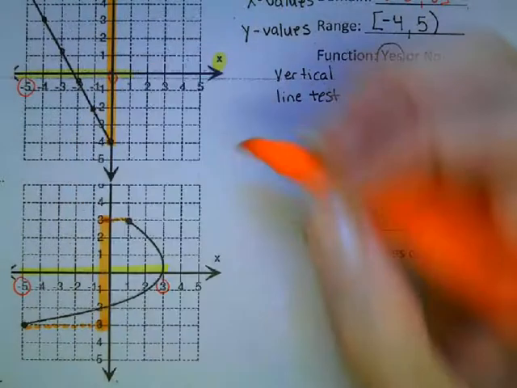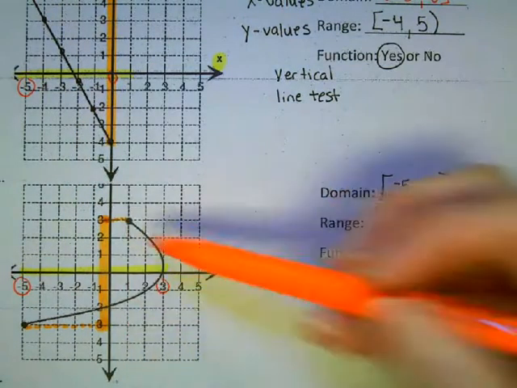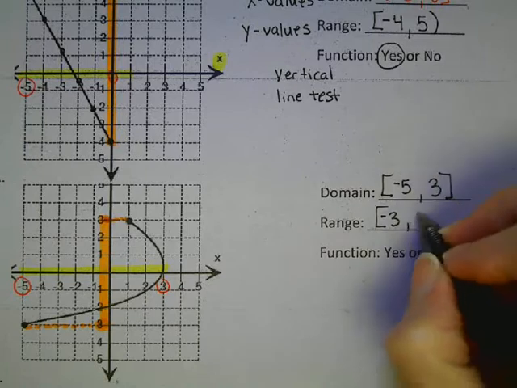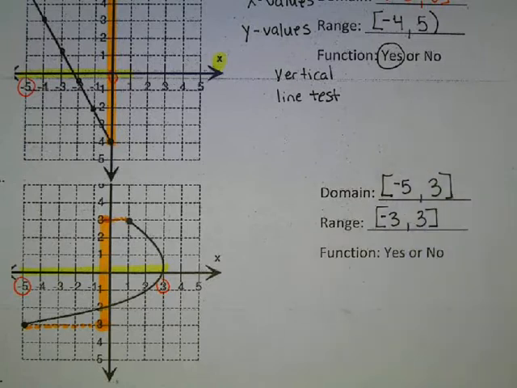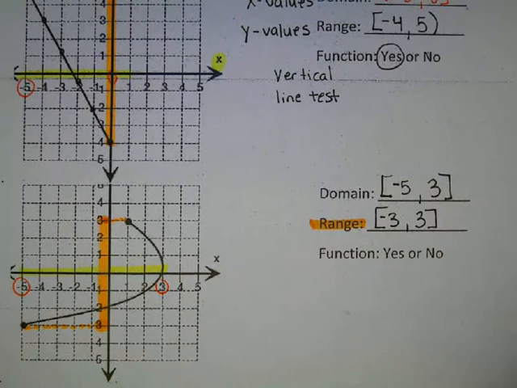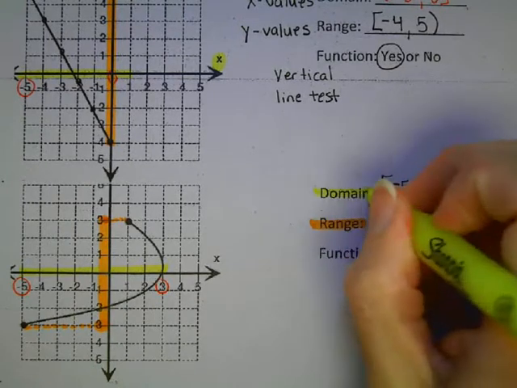Vertically, the highest point the graph gets to is +3, and that's a solid dot. So I'd say it goes from -3 to +3 on the y-axis. Remember, this is my y values. This is your x values. So I've highlighted in the picture, where do they go from?